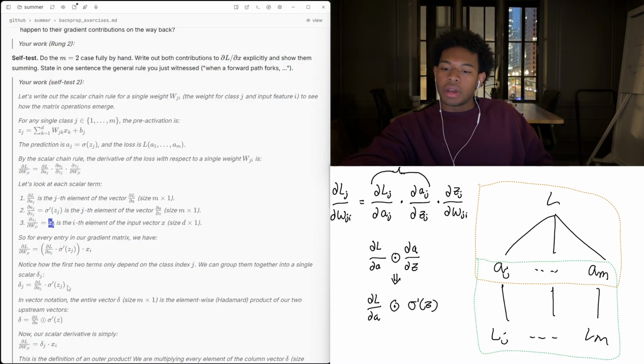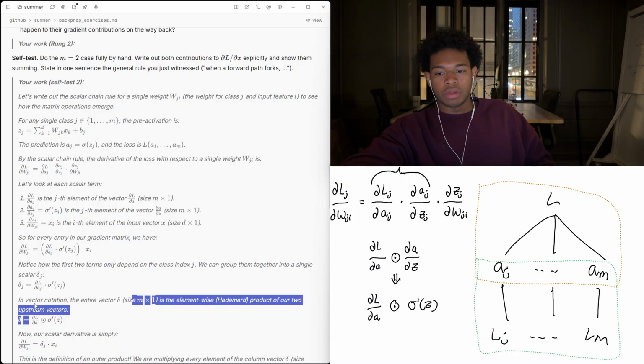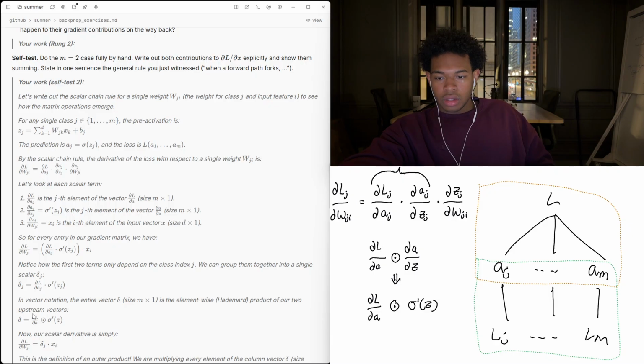So it means you can write it as a scalar, but you can turn it into a vector. Okay. In vector notation, yes, the element y is the Hadamard product of our two upstream vectors. I think it's a vector either way.